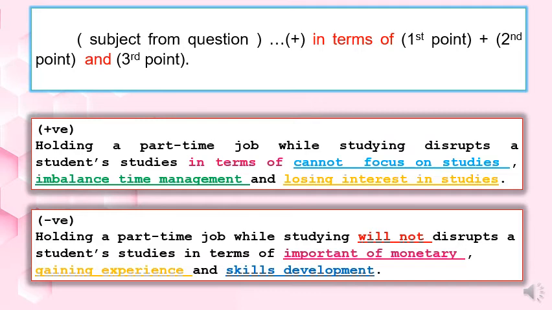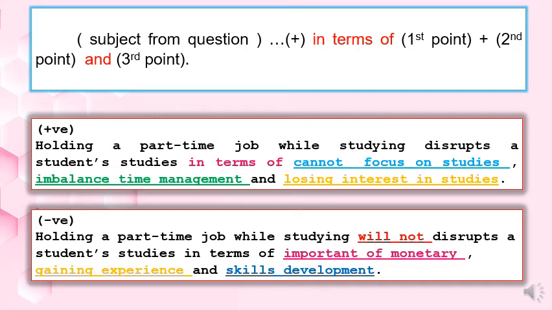Holding a part-time job while studying disrupt a student's studies in terms of, remember the red color, the magic word, in terms of cannot focus on studies, comma, imbalanced time management, and losing interest in studies. So this is how you create a thesis statement if you agree with the statement.